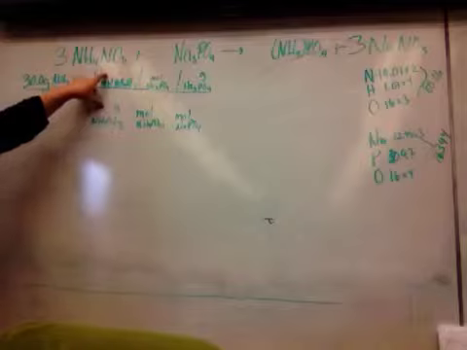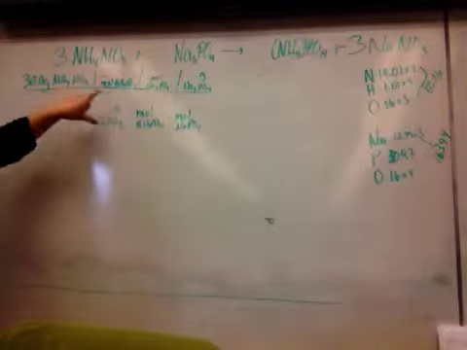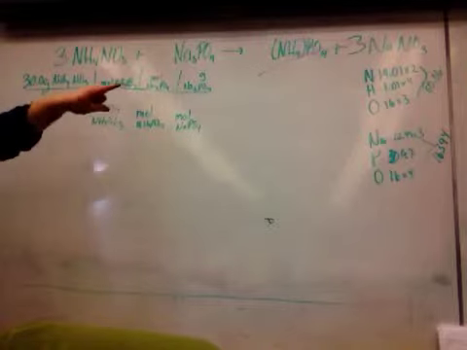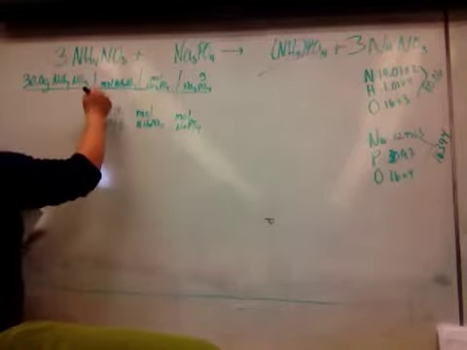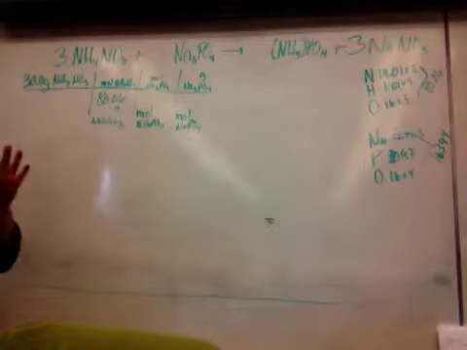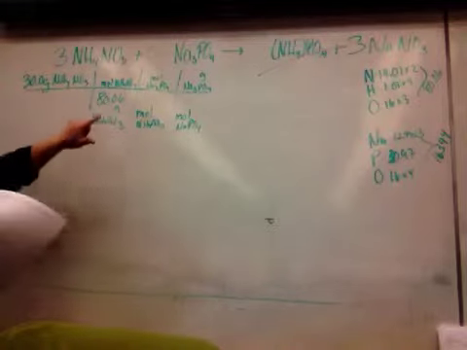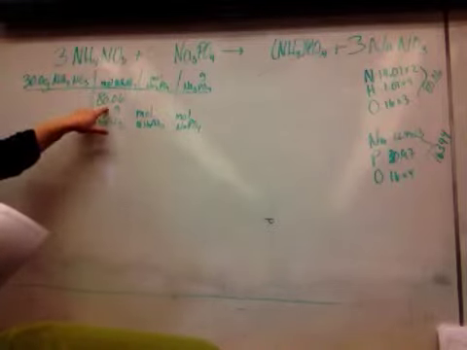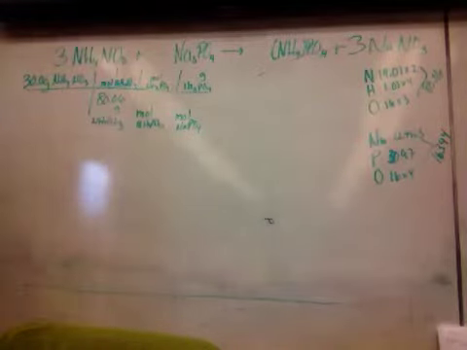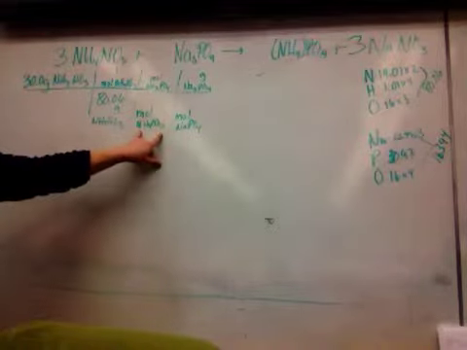Okay, let's plug in numbers. This is a mole ratio. So this is the what? The number with grams is going to be the molar mass. Well, we're going to keep setting it up. Don't worry, I'm going to work with you a little bit later, but let me run through the whole thing. We're saying that there are 80.06 grams of ammonium nitrate in 1 mole of ammonium nitrate, right? Here we've got our mole ratio.